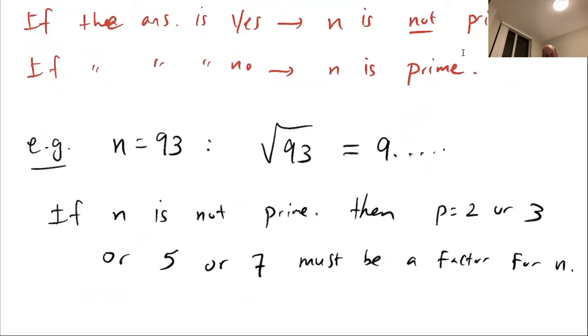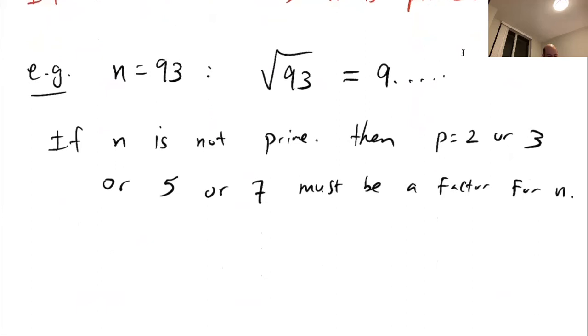So if none of these 4 numbers is a factor of n, then that's it, and that means n is prime.